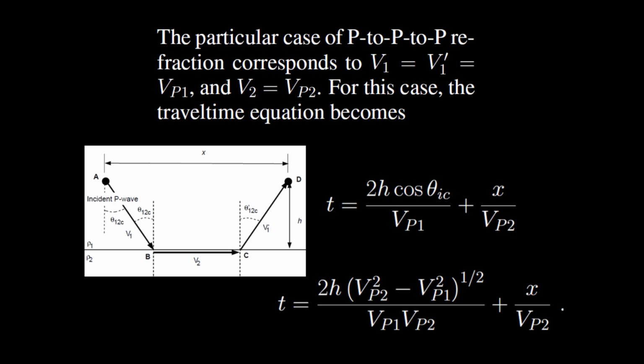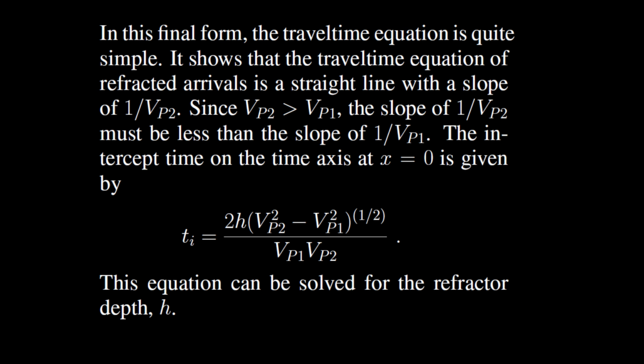equals VP2. For this case, the travel time equation becomes T equals 2h cosine incident angle over the velocity of the top layer plus offset over velocity of the second layer. In this final form, the travel time equation is quite simple.